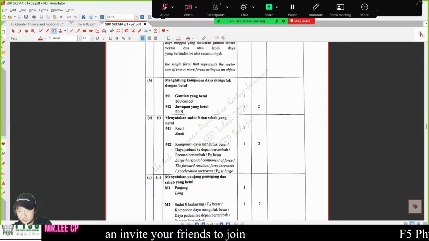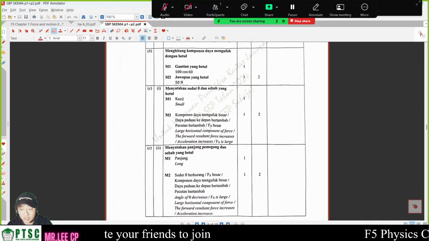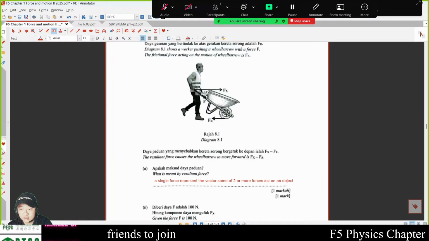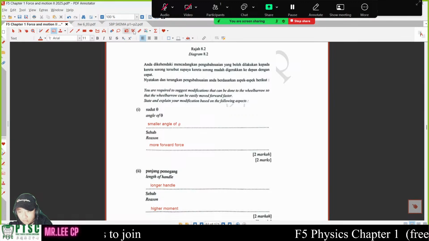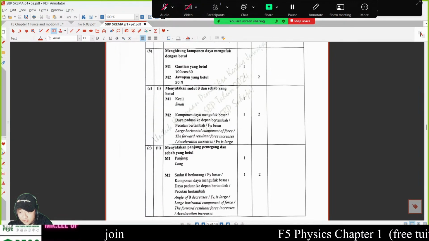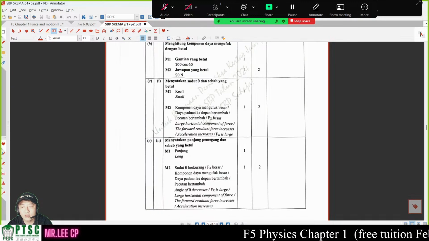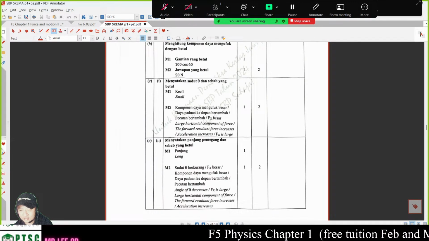Smaller angle, yeah. Larger horizontal force. Fx is larger, so the resultant force will be increased. They said more forward force, more Fx. Longer handle, why? So the angle of theta is decreased, Fx is larger.